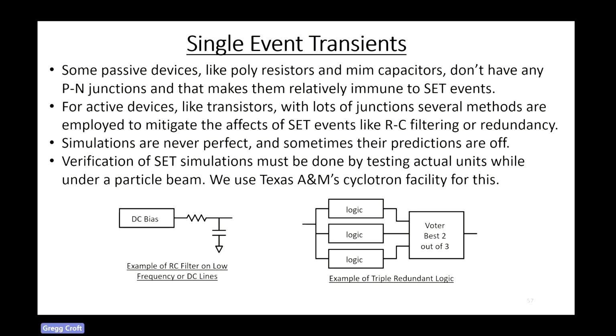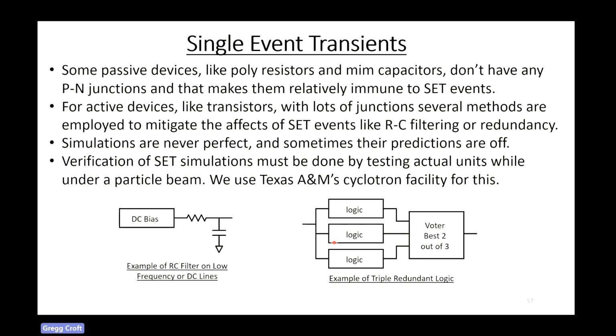Now, for active devices like transistors with lots of junctions, several methods are employed to mitigate the effects of SET events. And I just showed two of the more common ways to do it here. One way is we use RC filtering to smooth out that current pulse that we get when a charged particle passes through a junction.